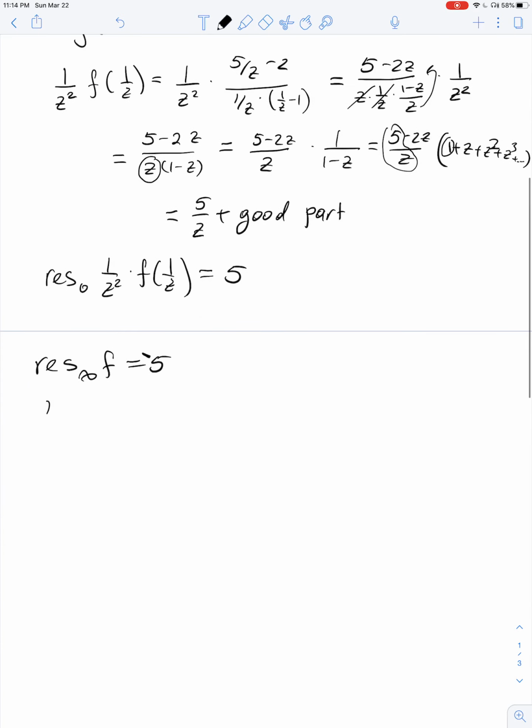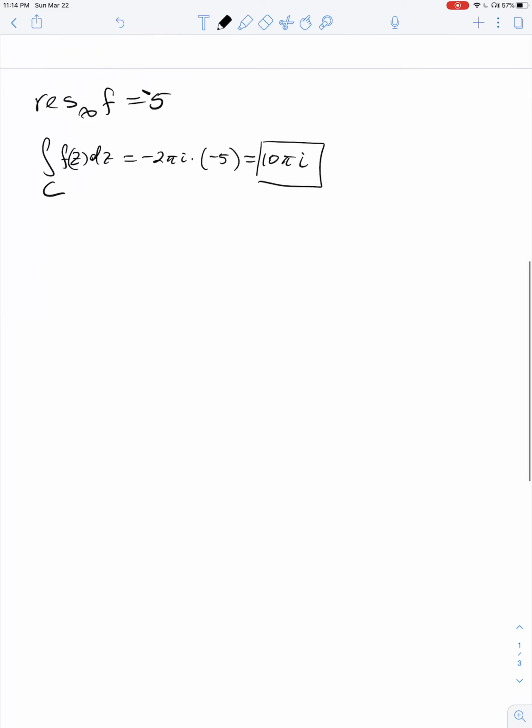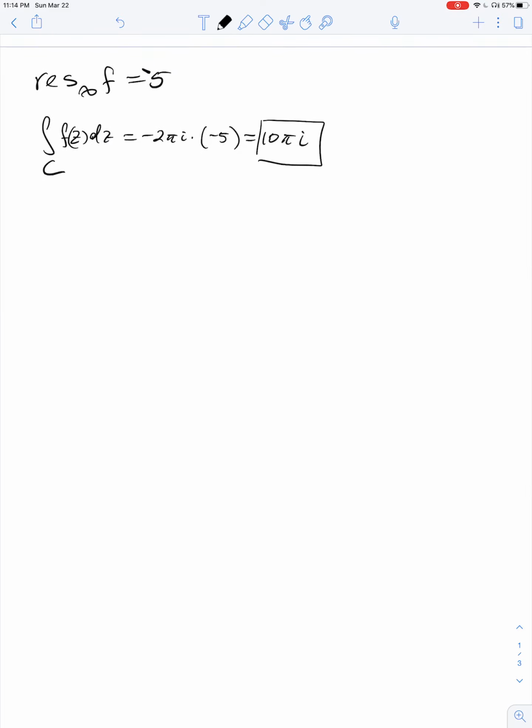Okay, so the residue is minus 5, and the integral is minus 2 pi I times, I'll start over. So it's minus 2 pi I times minus 5, which is equal to 10 pi I. And this is exactly what we got before. So, lucky us, our computations, which were pretty nasty, got confirmed by this example.